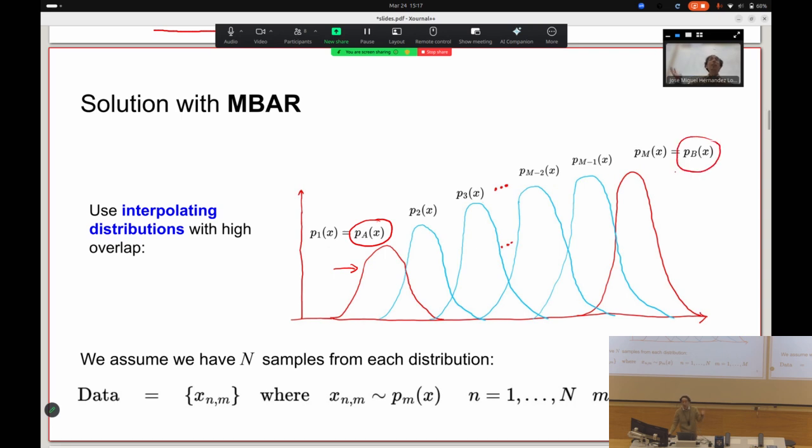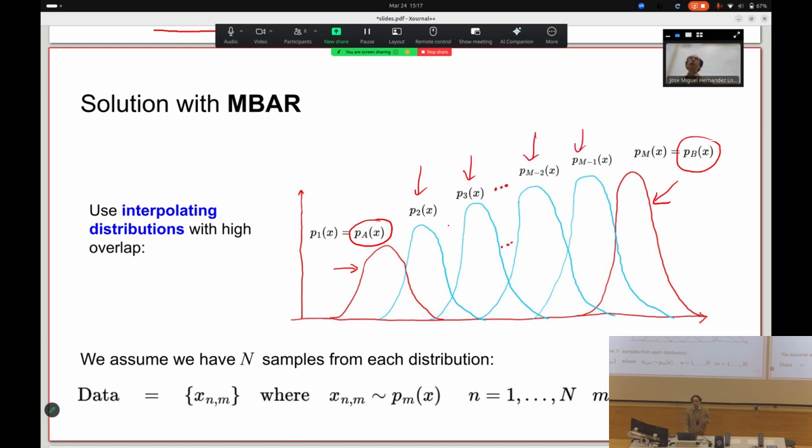These are normalized distributions corresponding to state B, and it's shown here in red. We want to estimate the relative difference in the areas of these distributions. So there is this state-of-the-art method called MBAR, which is very simple. The idea is that you are going to create interpolating distributions between the two, which are shown here in these plots.